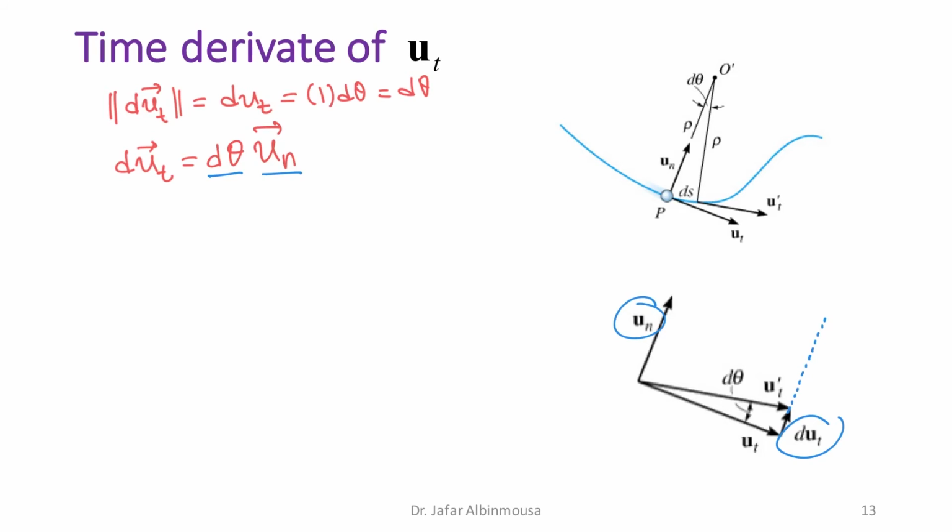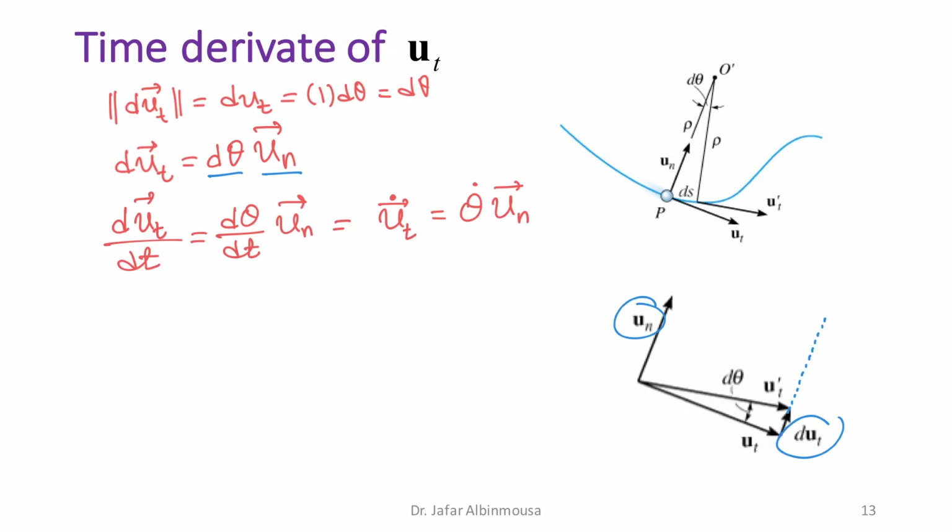Now, clearly, if I take the time derivative of this, then I will have dut over dt, which is equal to d theta over dt multiplied by un, which gives me ut dot, a vector, equal to theta dot un.